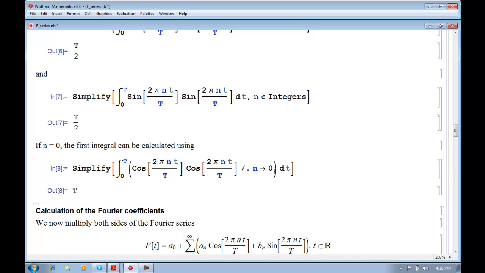So in other words, these functions, when integrated over a period, have a kind of orthogonality property.